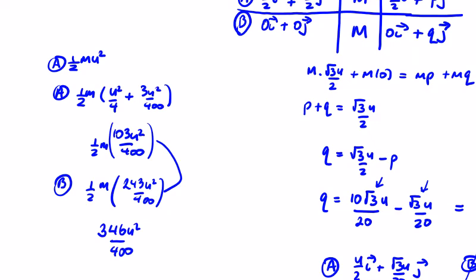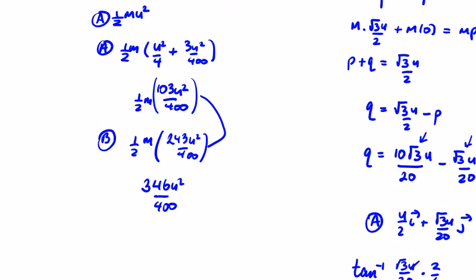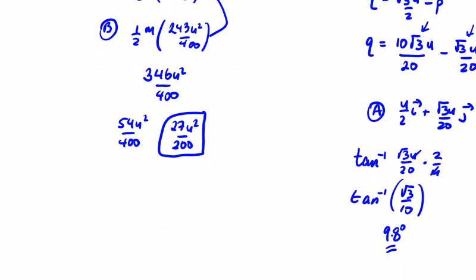And it started as a whole u squared over 400, if we imagine. So the loss in kinetic energy is going to be 54 u squared over 400, 27 u squared over 200, it looks like. As a percentage, this would be 13.5 u squared over 200, or 100, so that's 13.5% loss in kinetic energy.